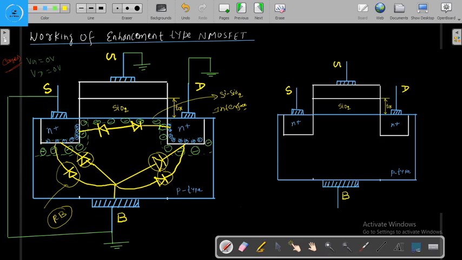This is the reason why we keep the bulk or substrate or body terminal at the lower potential among all these four terminals, to keep these diodes in reverse bias.